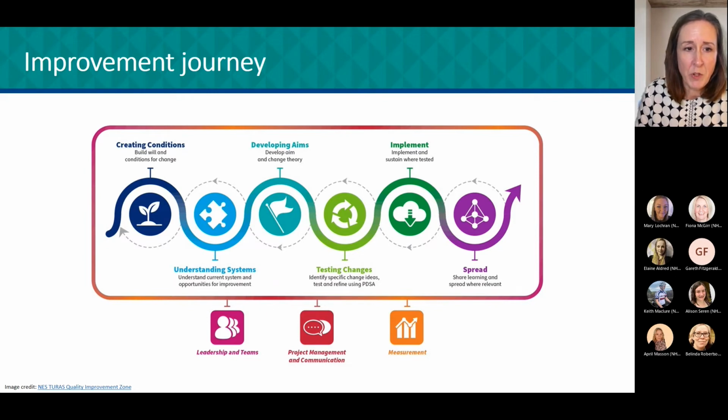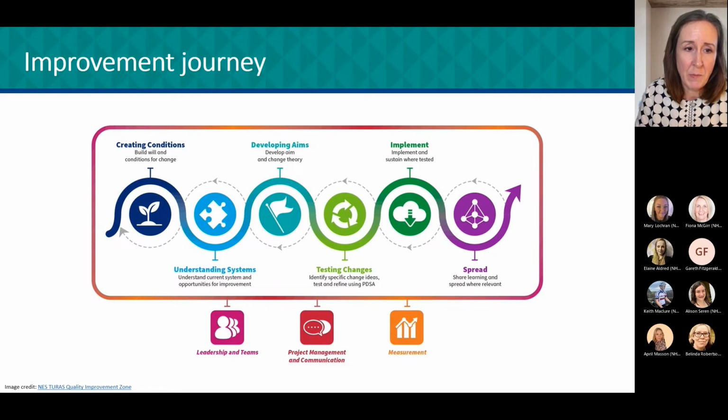Then you need to be able to understand your system, what's going on properly and what are the opportunities for improvements, and we'll take you through the example with acute prescribing shortly. And then once you've done that, you can develop your aim for improvement. What are you planning to do and improve around your acute prescribing system?